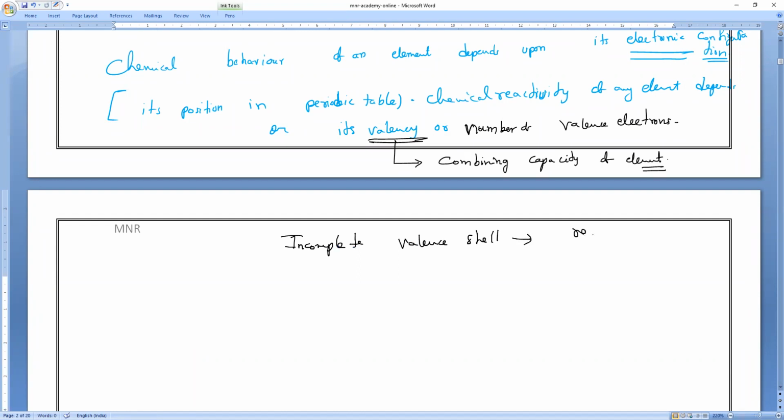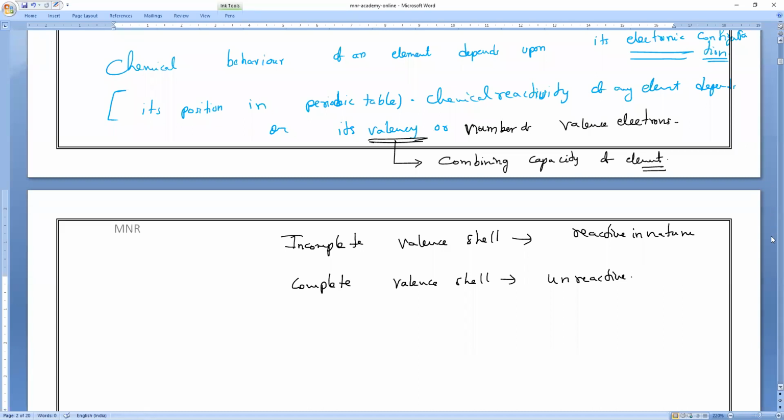They are reactive in nature. Complete valence shell, what are they? They are unreactive in nature. So what is the rule we will verify? The octet rule.